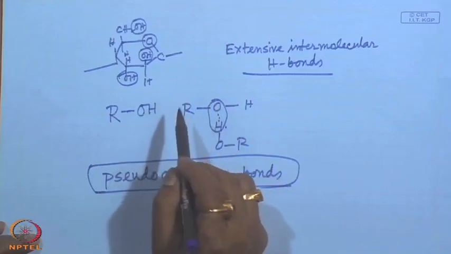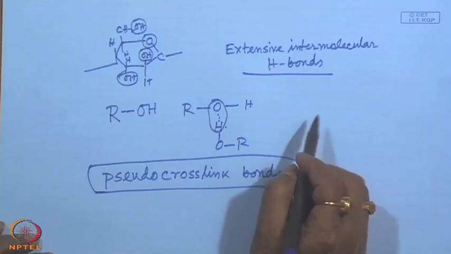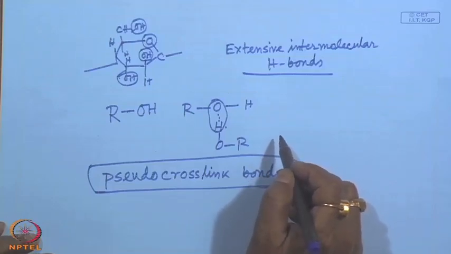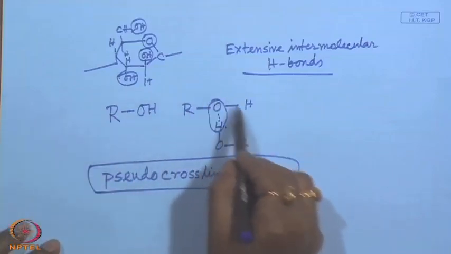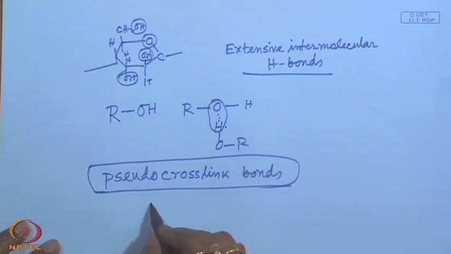So, that does not help the polymer to be more hydrophilic, and that prevents biodegradation. Due to that hydrogen bonding, the cellulose molecule becomes highly crystalline.